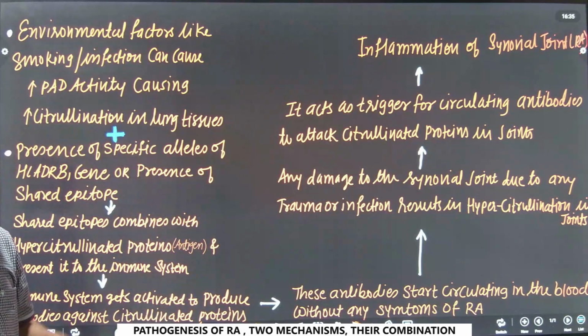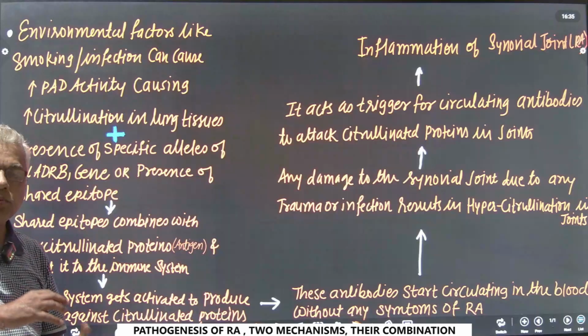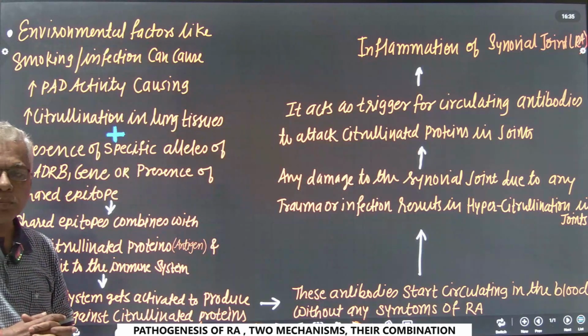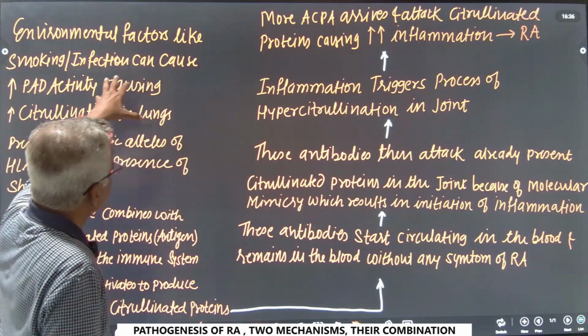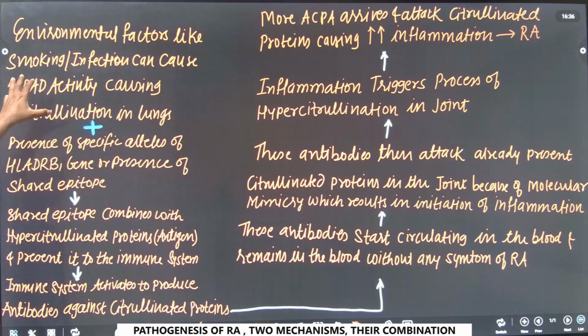We will see the other mechanism, and then we will try to combine both these mechanisms. Now see here, this second mechanism. The initial story is the same. Environmental factors like smoking and infection cause increased PAD activity, which causes hypercitrullination in the lungs, and there is a presence of specific alleles or a shared epitope.